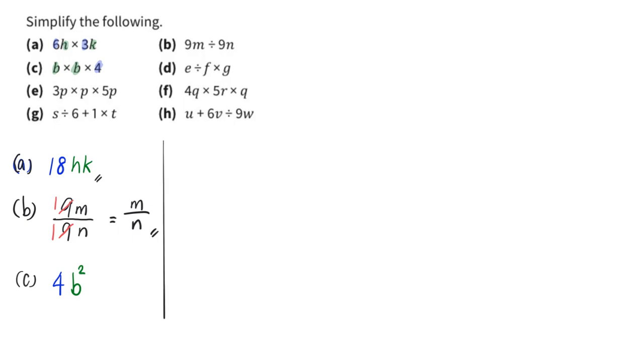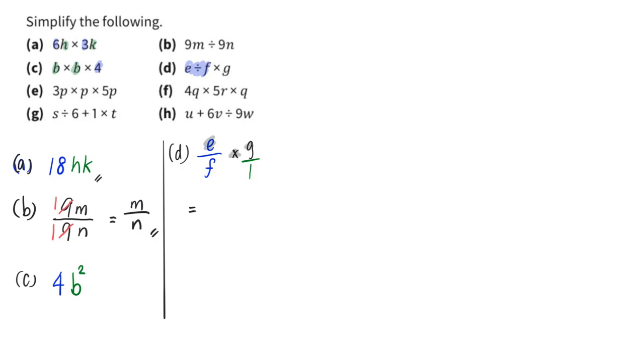For part D, you will see Mr. Tan writing e divided by f as e over f. I still need to multiply by g. And at this point, I can rewrite g as g over 1 so that I can continue to simplify further.